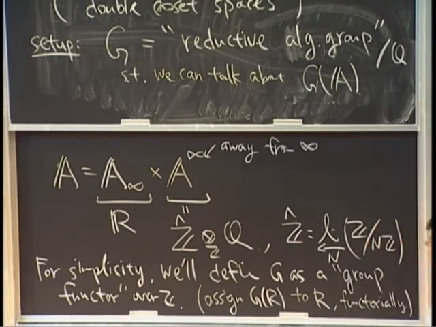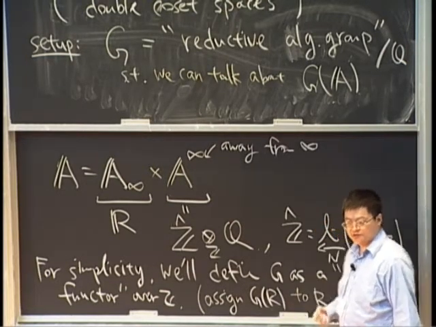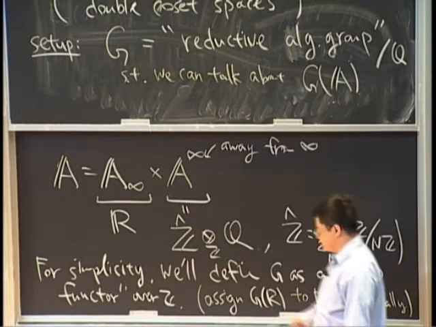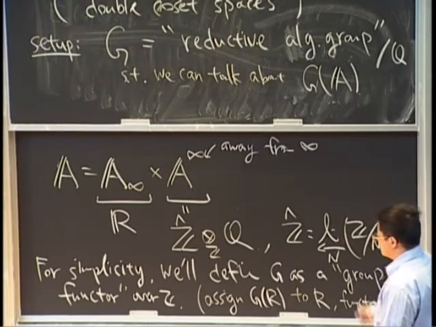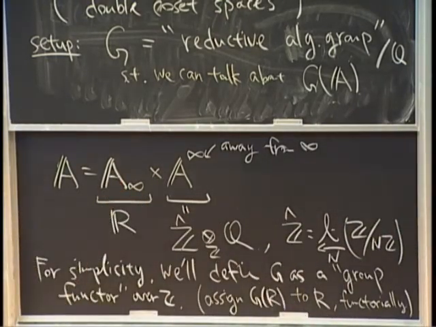So if I have a homomorphism in R, then I should have a corresponding homomorphism in G(R), and they're all compatible. And if you have the identity morphism, you expect the identity morphism at the level of G(R), and so on. This is just for laziness, so I'm going to make an explicit choice of the integral model of these things, so that it is easier to talk about this object.